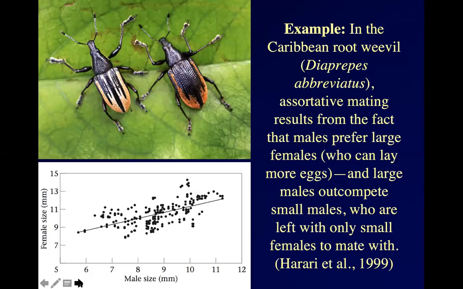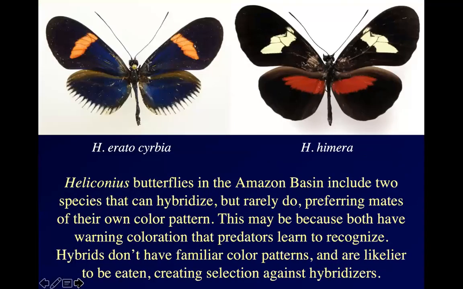That graph at the lower left is a graph of male size on the x-axis against female size on the right, in pairs of weevils. And you can see that the two are pretty positively correlated. So in that case, assortative mating is just the result of males having a preference and competition doing the rest.